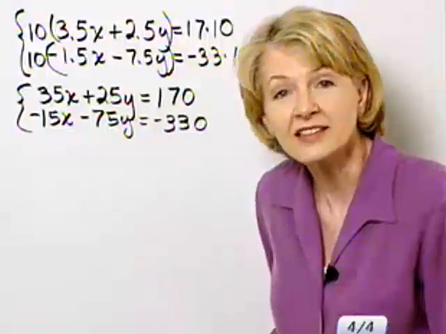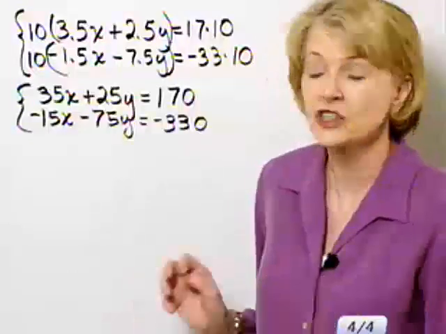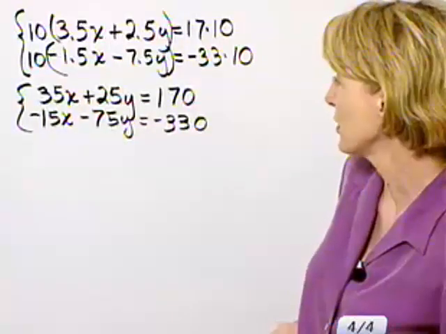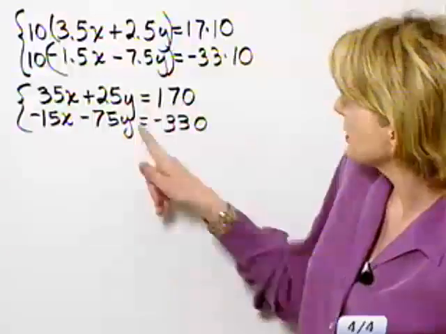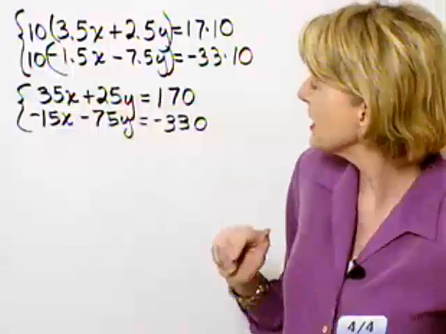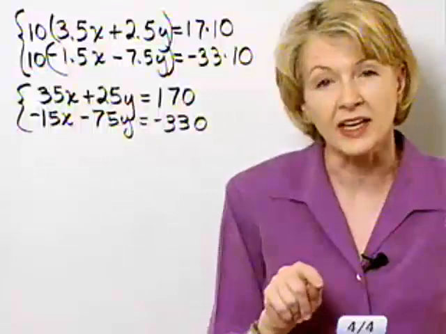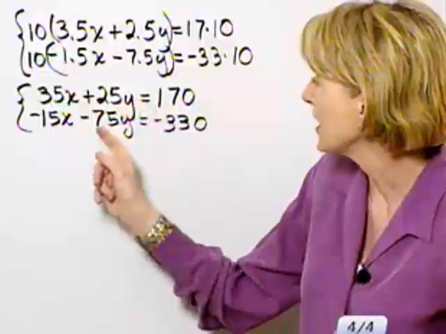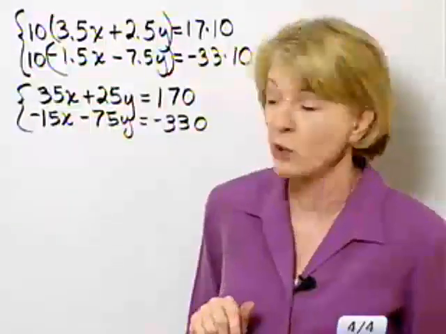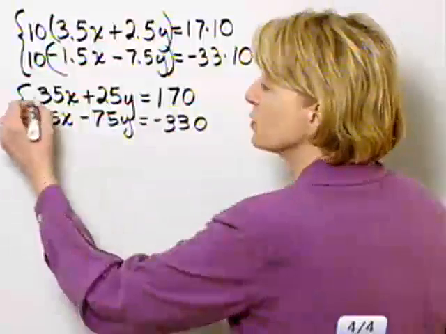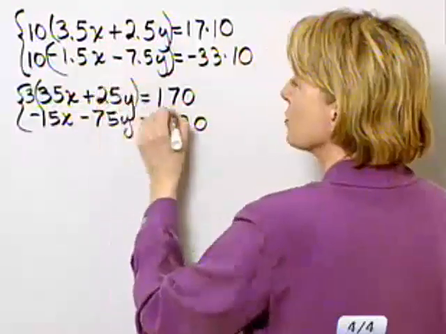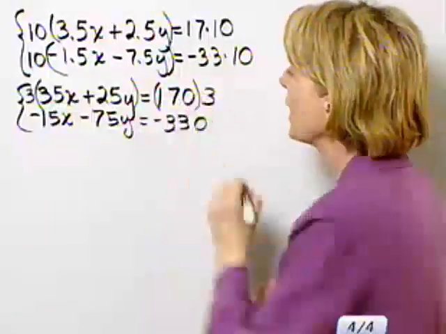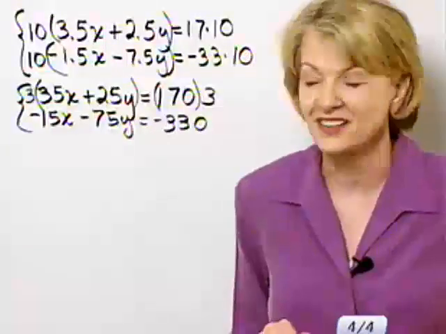Now let's look at the x's and the y's, and let's choose one of those variables. It makes no difference, but notice if I multiply the first equation by 3, I'll have 75y, and then I have negative 75y. So that's what I'll do. I'll multiply the left side of this equation by 3 and the right side by 3.